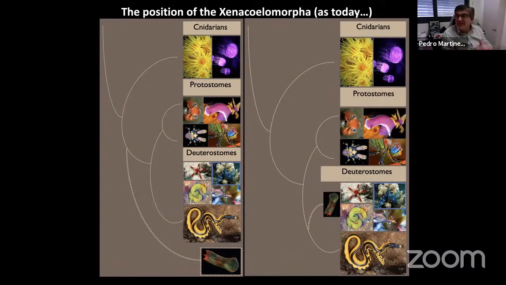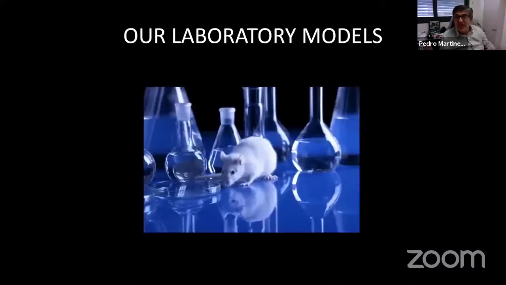In that sense, understanding how Xenacoelomorphs are built at both genomic and morphological levels should be relevant for understanding how the older groups of bilaterian animals may have looked. So this is with respect to their position and why they are relevant.